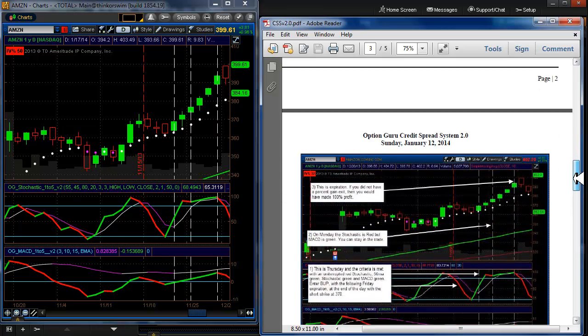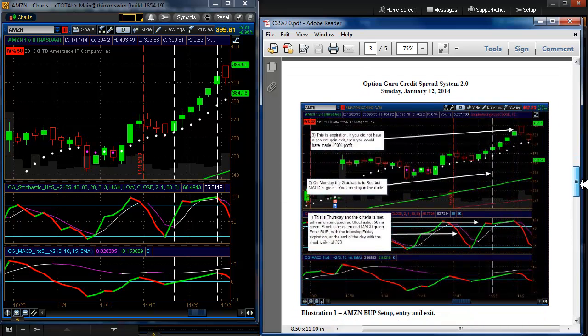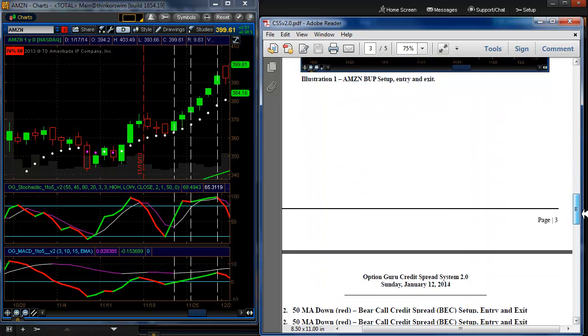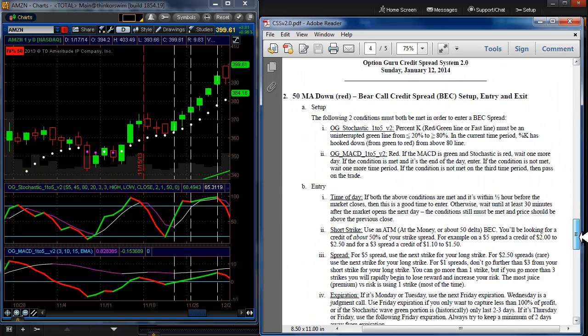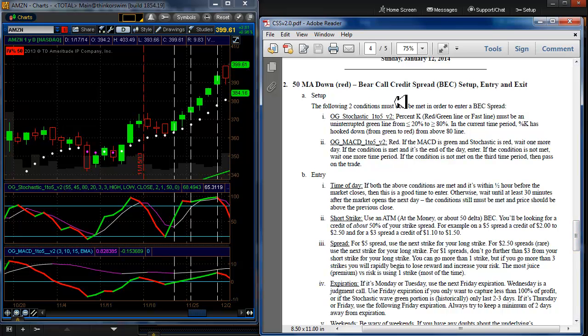Now I have down here, this is the explanation of just what I just went through. And down here is for a bear call credit spread, or what I abbreviate to a BEC. And that would be if you have a moving average that is red.